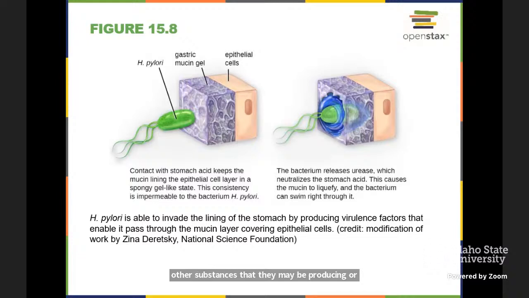Now, oftentimes, we classify these things that they harbor as a virulence factor, something that enhances their potential to truly establish disease, to make them more pathogenic. All right. So if they can come up with some sort of strategy to live, it gives them a leg up. So we've talked about Helicobacter a little bit before.